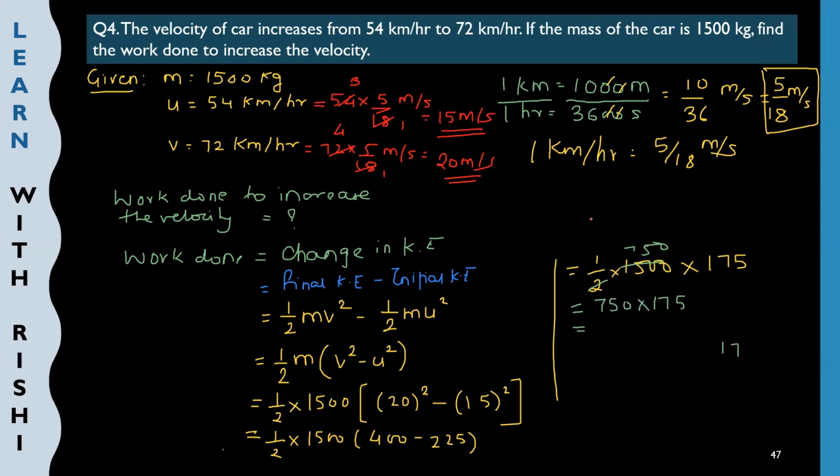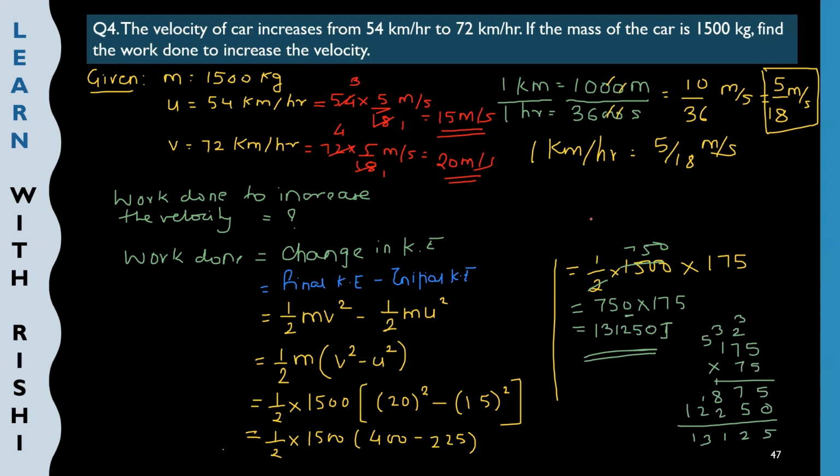So 175 into 75. 5 5s are 25, and so on. So 13125, and this 0. Joules energy. Work done, sorry, joule. So this will be our answer: 1,31,250 joules. So I hope you understood how we have solved this sum.